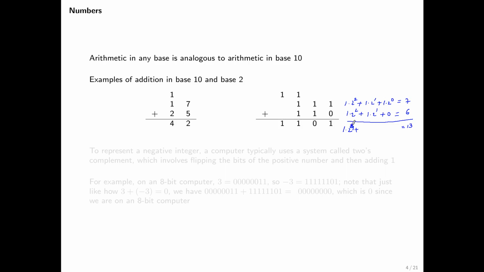So it's 1 times 2 to the power 3 plus 1 times 2 to the power 2 plus 0 times 2 to the power 1 plus 1 times 2 to the power 0. So this is 8 plus 4, which is 12, plus 0 plus 1, which is 13. So this is indeed the binary representation for the number 13, right? So that's how you carry out addition in binary. It's very similar to how you do it in decimal.